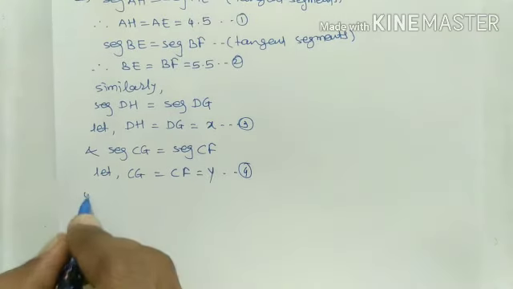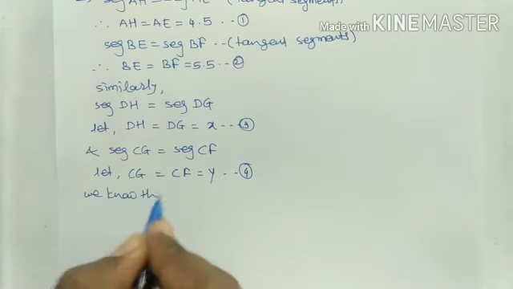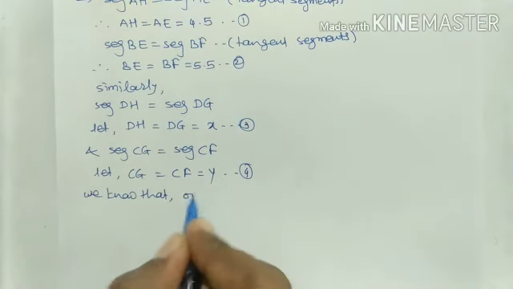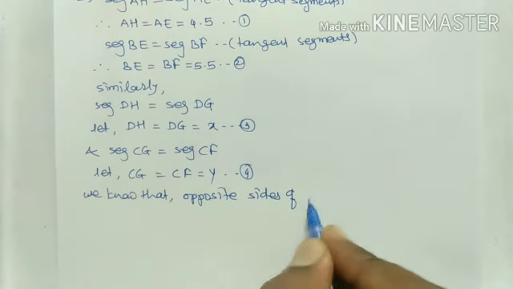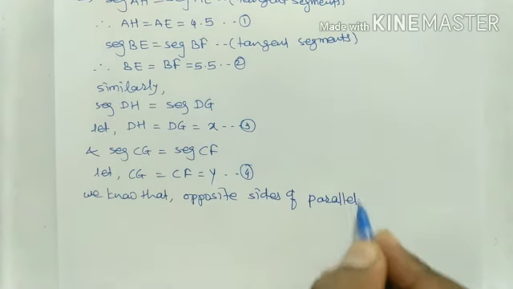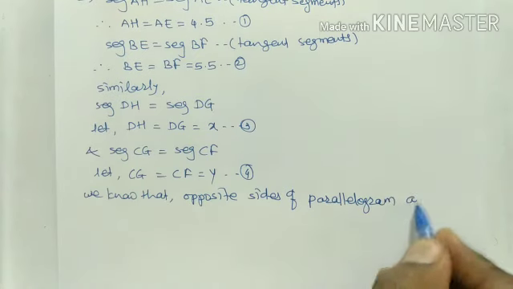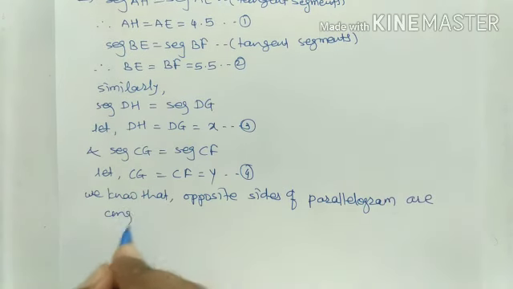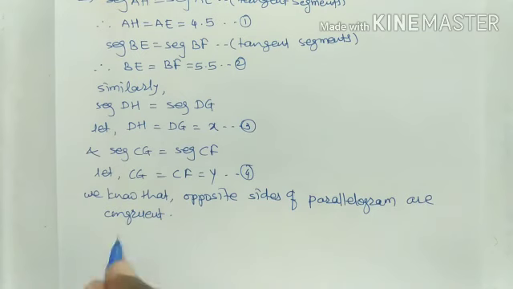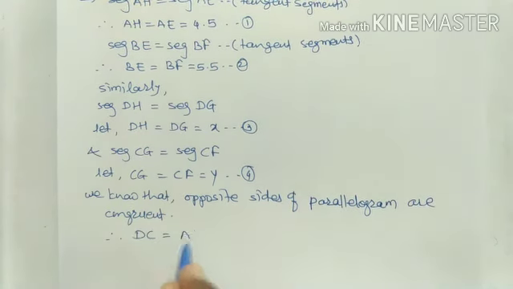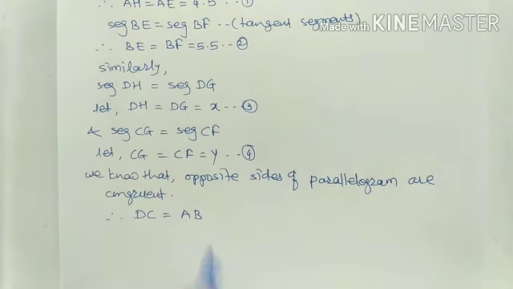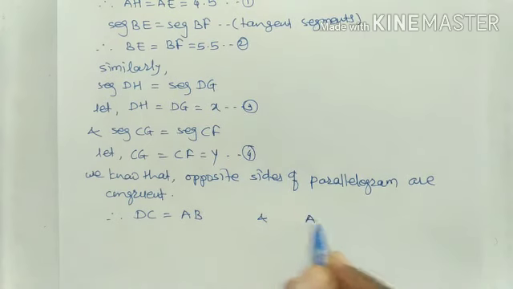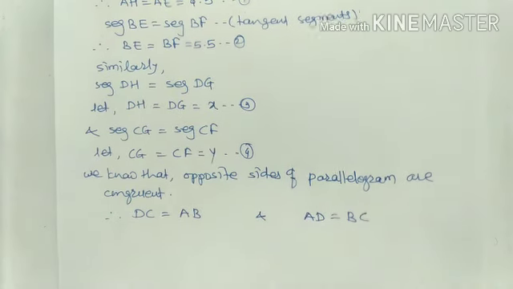Now we know that the opposite sides of a parallelogram are congruent or equal in length, and therefore DC equals AB and AD equals BC.